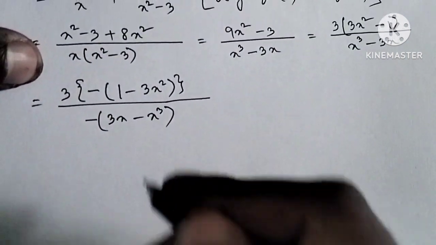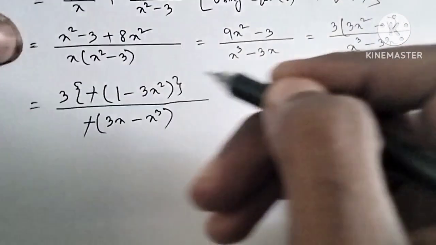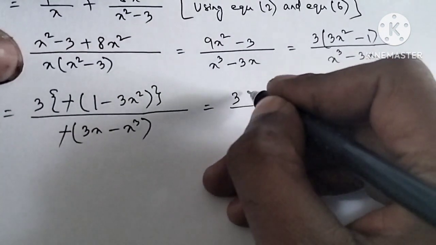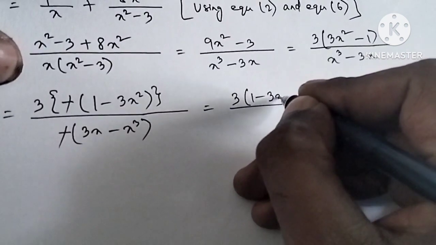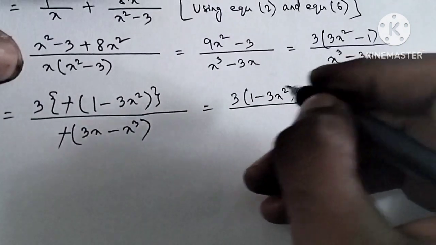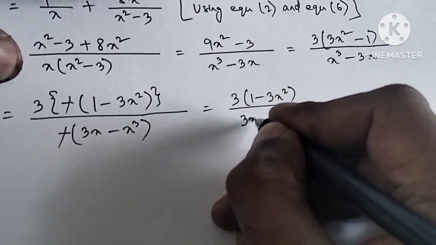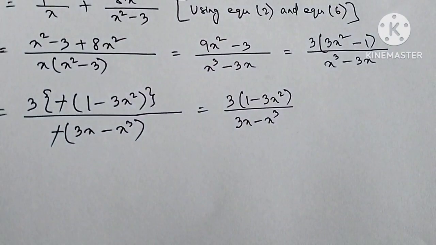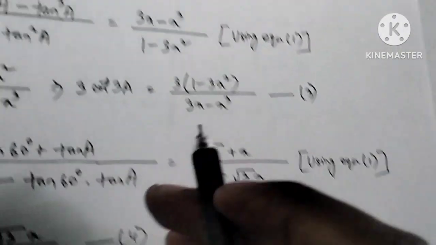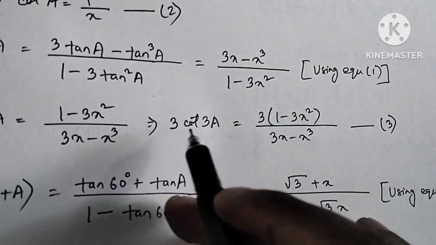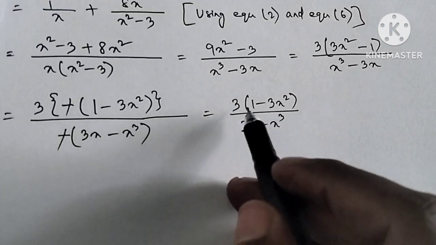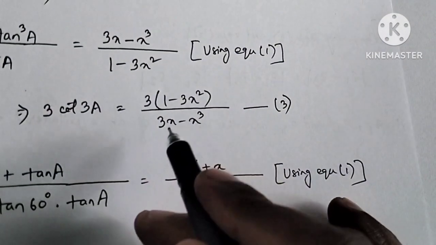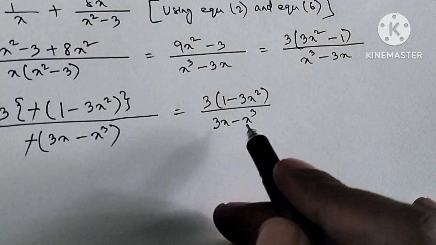So minus minus will get cancelled, so I can write finally in this way, 3 into (1 minus 3x square) by (3x minus x cube), and which is the value of what? See, 3 cot 3a.